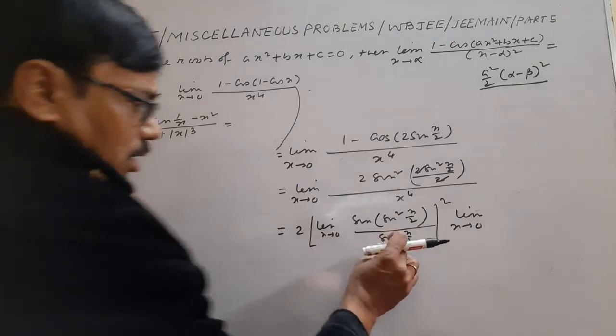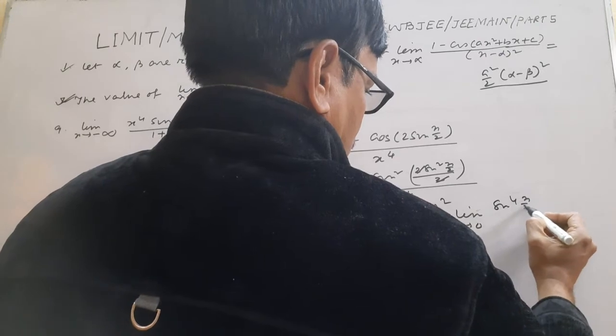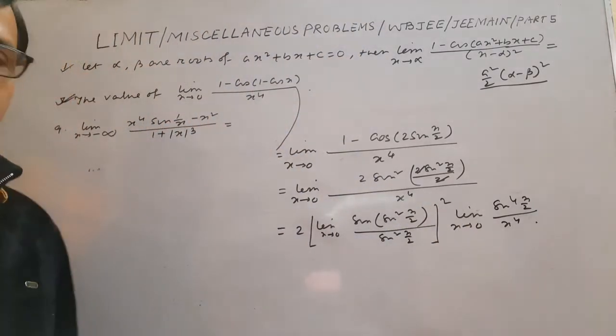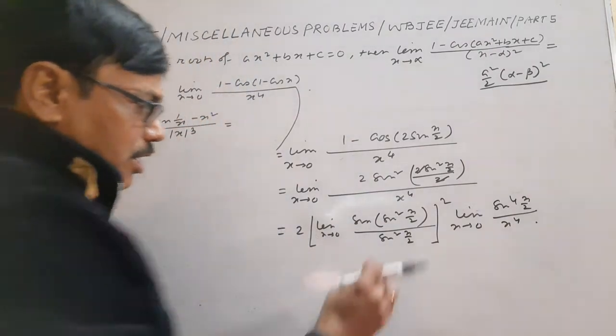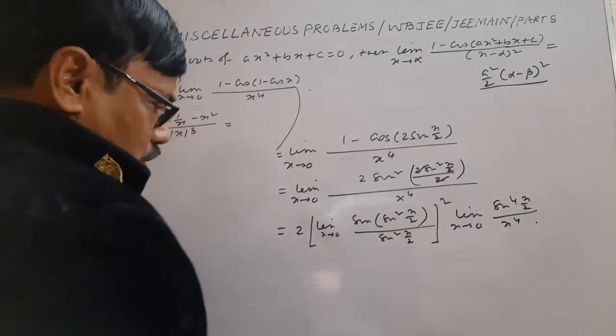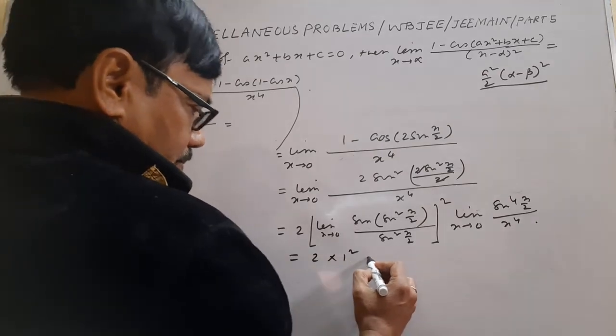So we have taken this as extra. So this is sine to the power 4 x by 2, and x to the power 4 is to be balanced. Now look, as x tends to 0, this argument x by 2 tends to 0. So by the standard limit, this is 1 square.